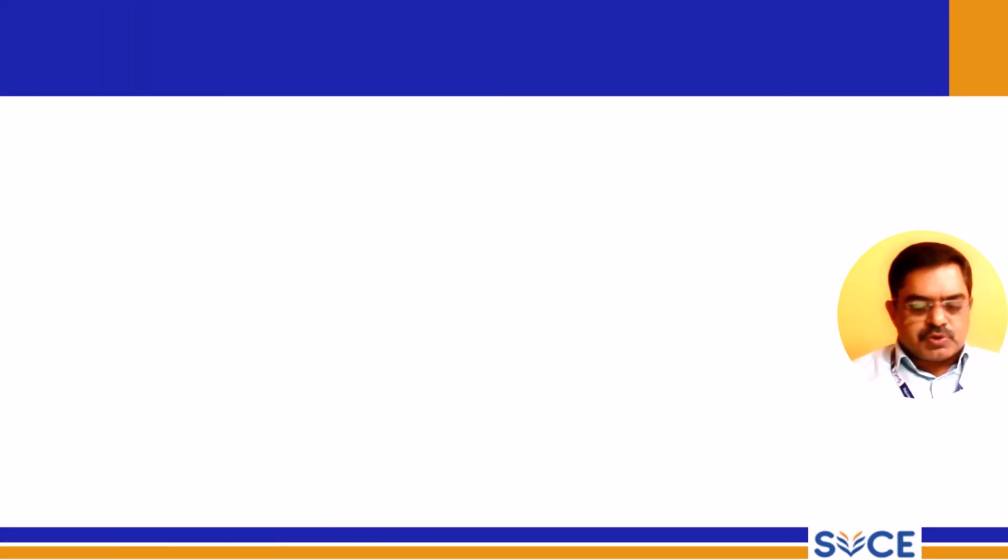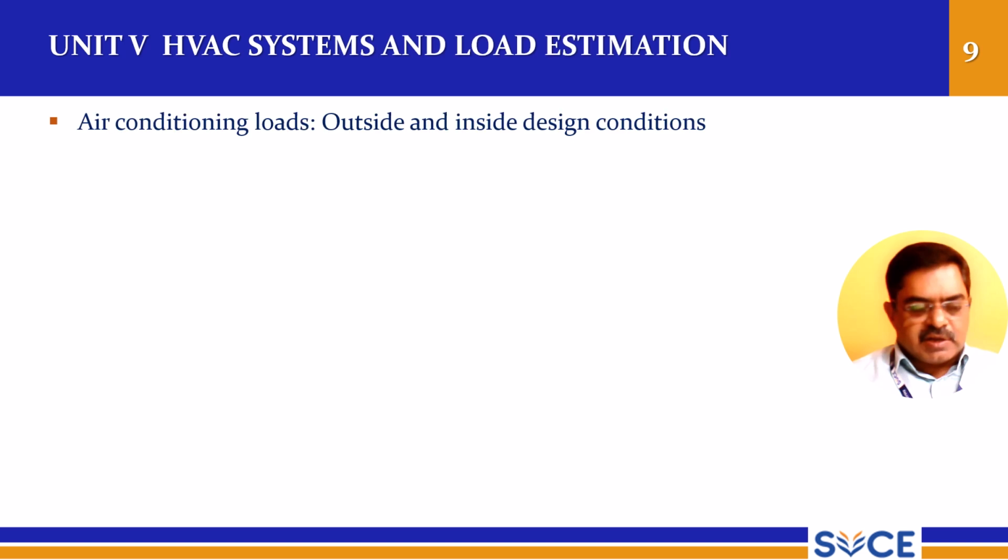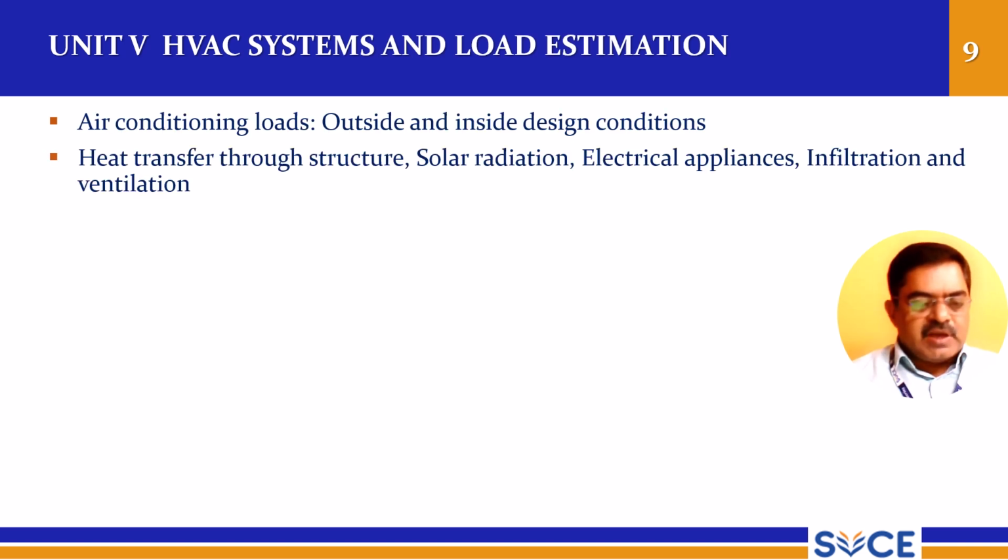Let me introduce unit number 5, and these are the topics: air conditioning loads, outside and inside design conditions, heat transfer through structure, solar radiation, electrical appliances, infiltration and ventilation.